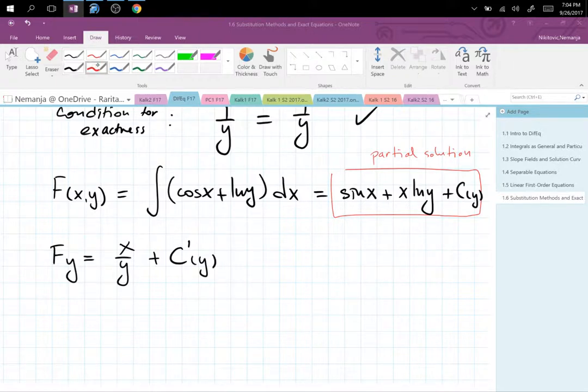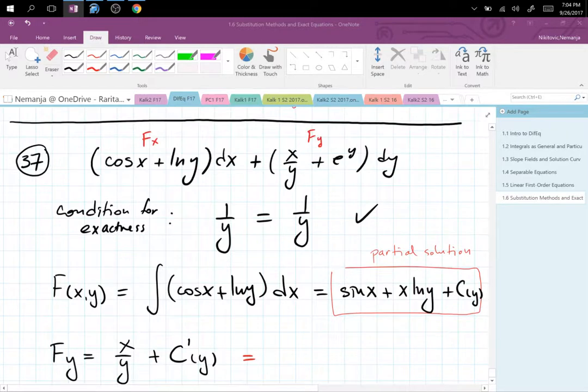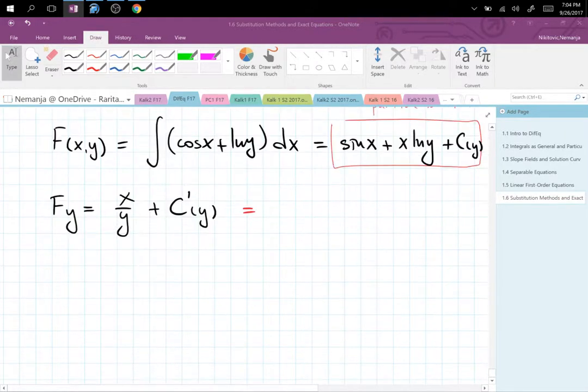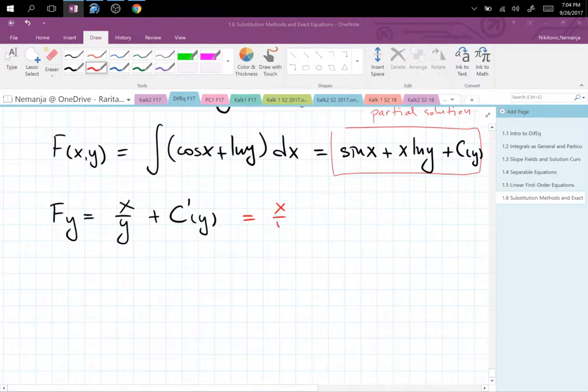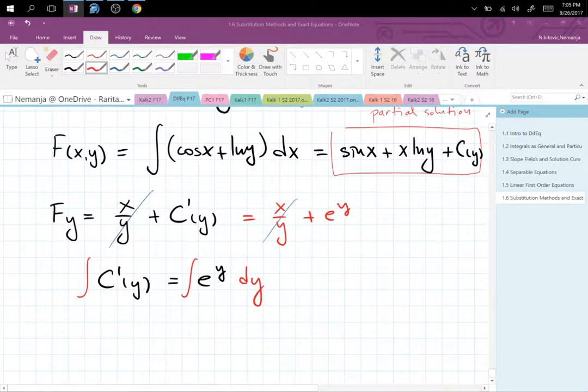So now we are going to equate this to fy from the original problem, which is x over y plus e to the y. So the x over y terms cancel. So these drop. And from there we get that c prime of y is equal to e to the y. Hit this with integration with respect to y, and we get that c of y, which was what we were after, is e to the y plus k.